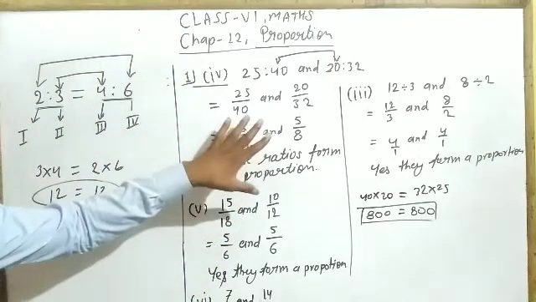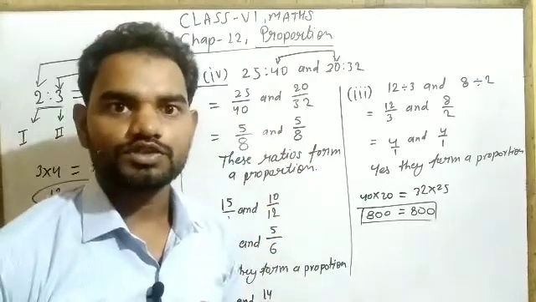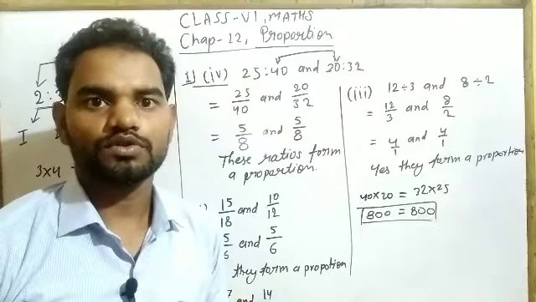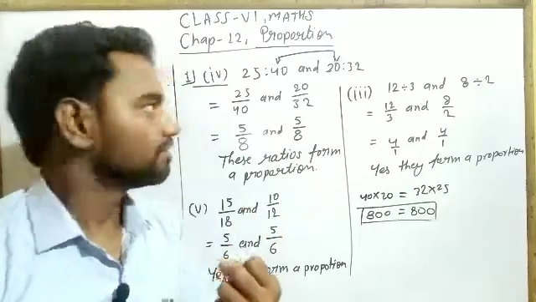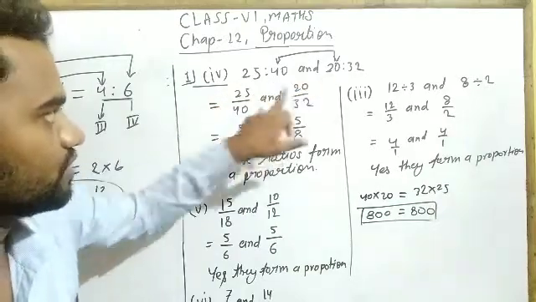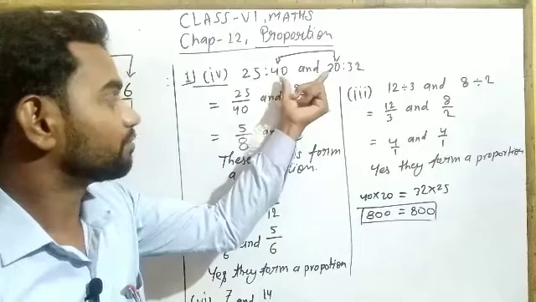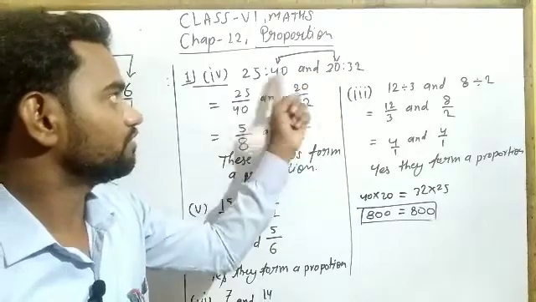So to check whether the given ratios are in the form of proportion or not, we have 2 ways. One way is converting the ratio into its simplest form. The other way is to find the product of means and product of extremes.